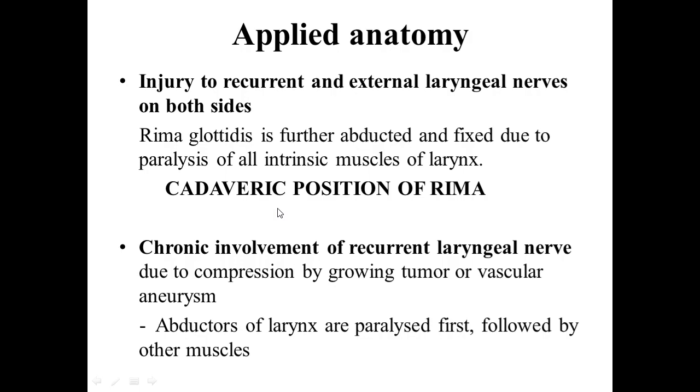Then in chronic involvement of the recurrent laryngeal nerve due to compression by growing tumor or vascular aneurysm, the abductors of the larynx are paralyzed first, followed by other muscles.